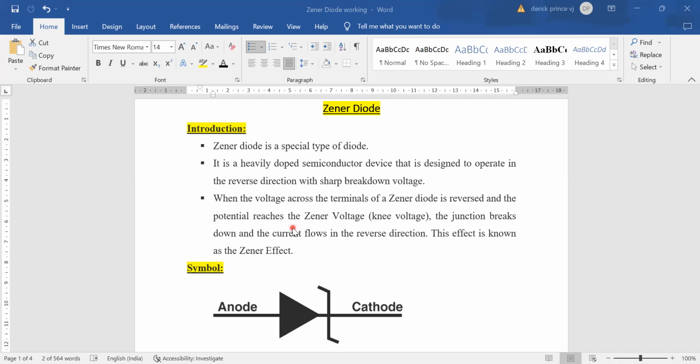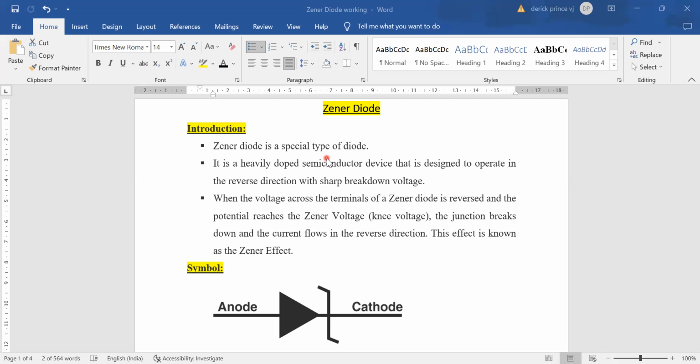The first point of introduction is Zener diode is a special type of diode. What do you mean by special type? As compared to the ordinary diode, Zener is heavily doped. And one more special characteristic is it can work in the reverse bias condition. Ordinary diode cannot work in the reverse bias condition. When we raise the voltage, the diode will get damaged, so it cannot maintain the constant voltage.